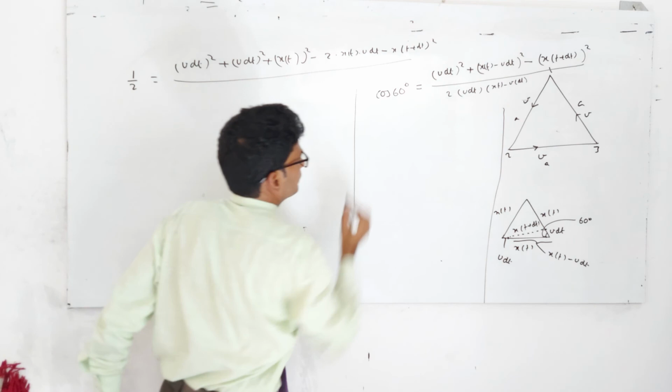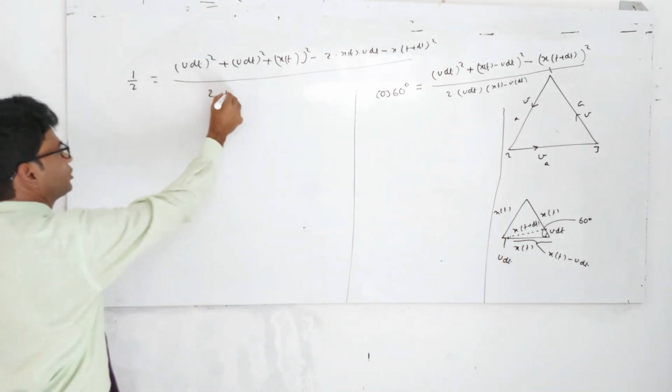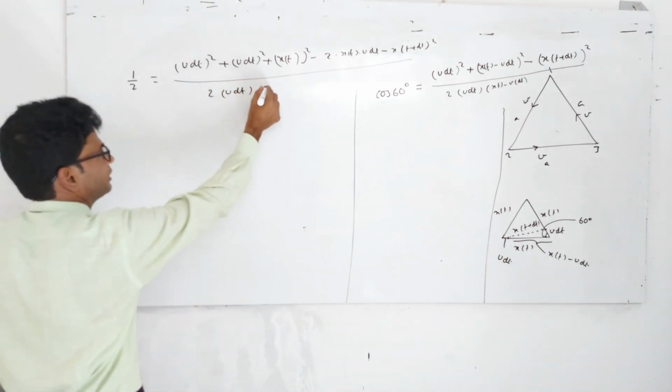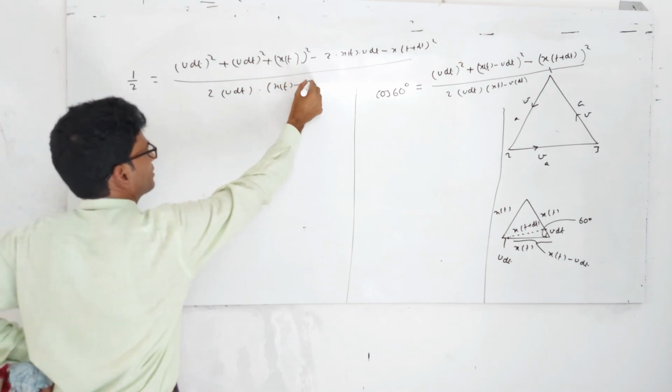Over, look at here, twice v dt multiply x of t minus v dt.